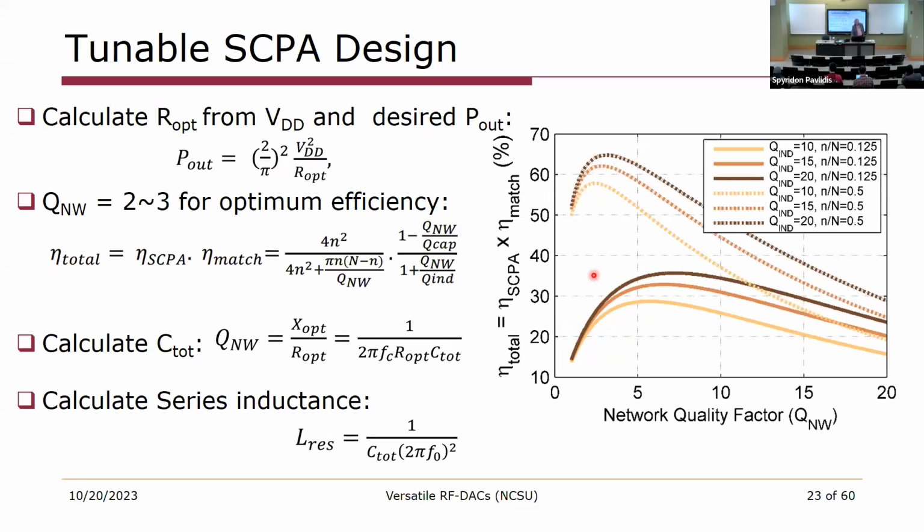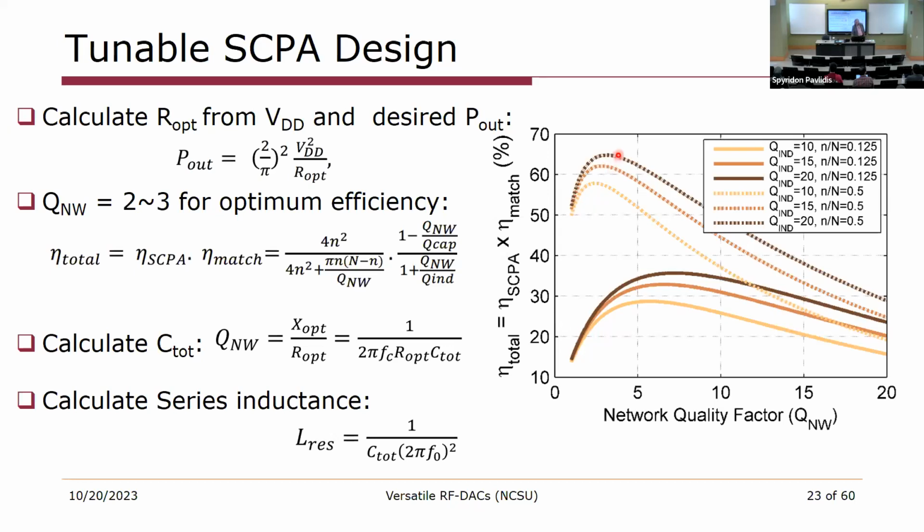Here we've plotted the total efficiency as a function of the SCPA efficiency and the matching network efficiency. And we see that we get peak efficiency for a network quality factor that's somewhere between 3 and say 8, depending upon the output power level that we're trying to operate at.